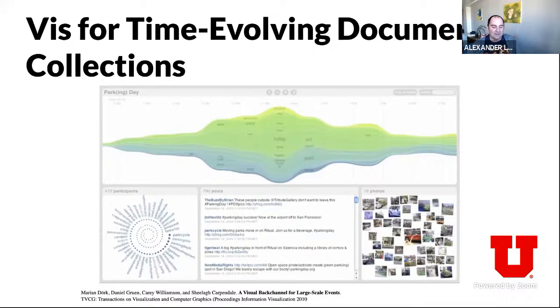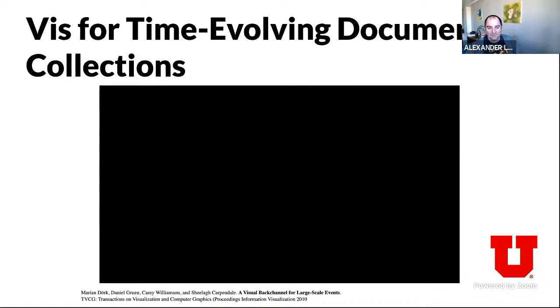And then there is a participant view, scaled by how frequently they mention something in that particular event. And then you have a photo view and a raw data view. These kinds of things are pretty cool and pretty easy to do nowadays with the NLP methods that we have. And so we can get these nice overviews of what is going on in, let's say, a trending topic on Twitter.